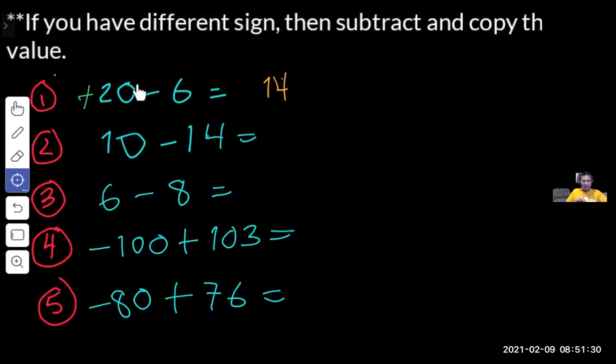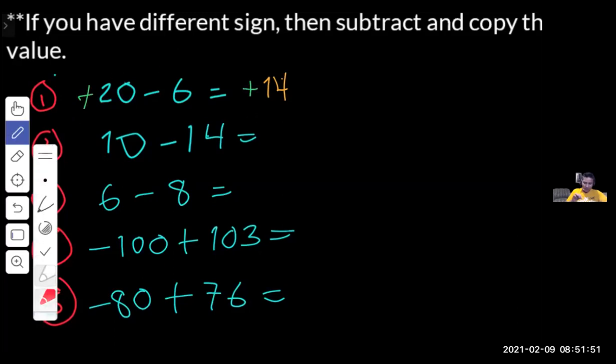You have 20 minus 6, as Fernando said, that is going to be 14. But we need to add the sign of the greatest value, which is the biggest number here, 20 or 6? 20. This is the sign, positive, that is going to be assigned to my result. It's going to be positive. Thank you, Allison. That is my answer.